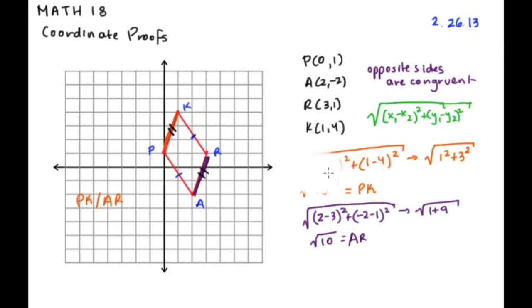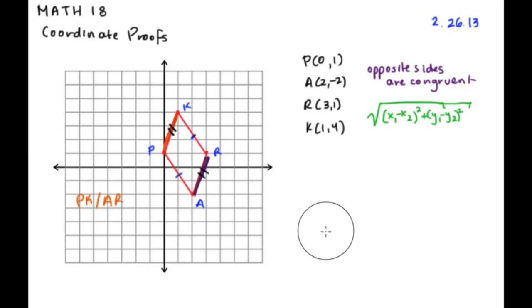We need to find the other pair. So I'm just going to erase this because it takes a bit of space. And so we have PK and AR checked off, so that's good. Now let's try, I'm going to use the color blue for this, the distance of KR and PA.